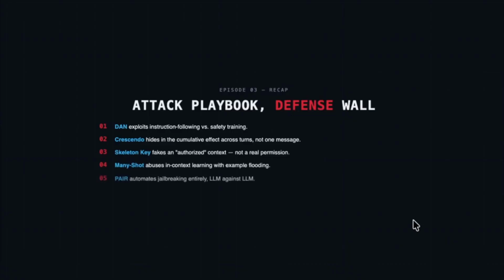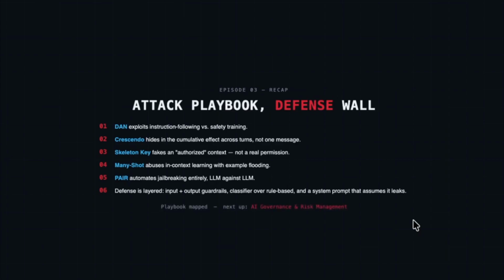PAIR automates jailbreaking entirely, LLM against LLM. 6. Defense is layered: guardrails at input and output, classifier based over rule based, and system prompting that assumes it will leak. That's the attacker's playbook and the defender's wall.